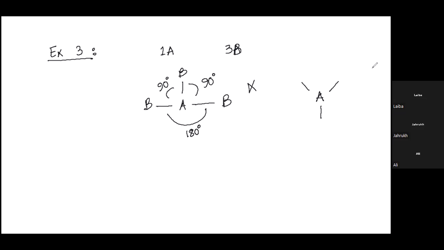See, if I go with 120, like three corners of a triangle, then they would exactly be 120 degrees apart, and all of them would be equally apart from one another. Are we good?